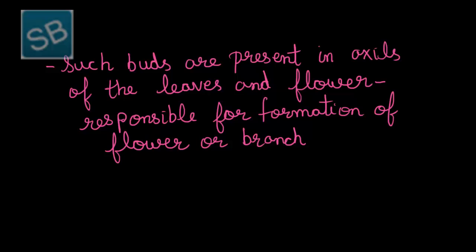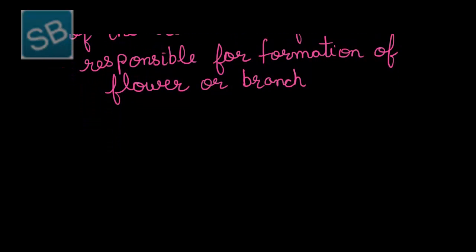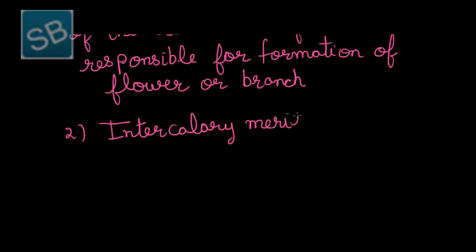Then comes the second type of meristem, that is intercalary meristem. Such meristems are generally located within the permanent tissue.